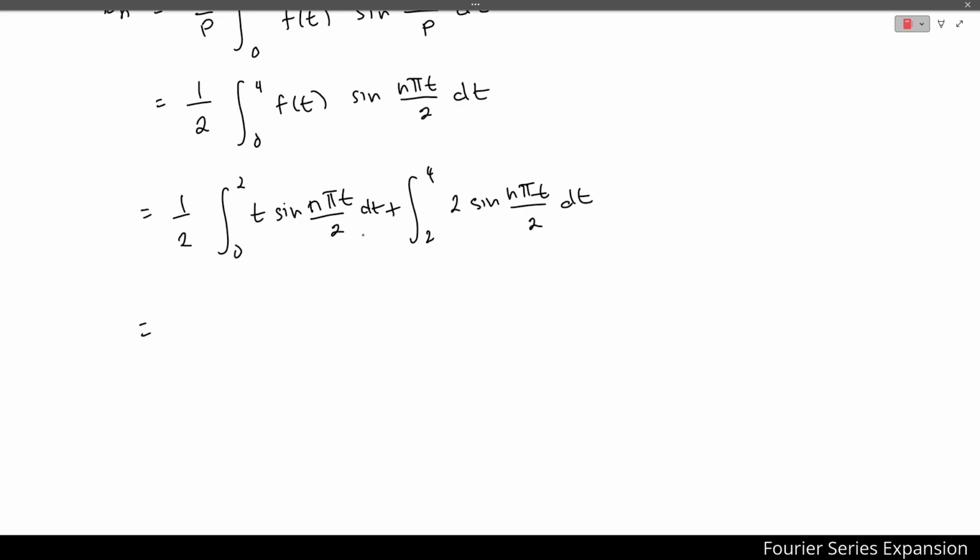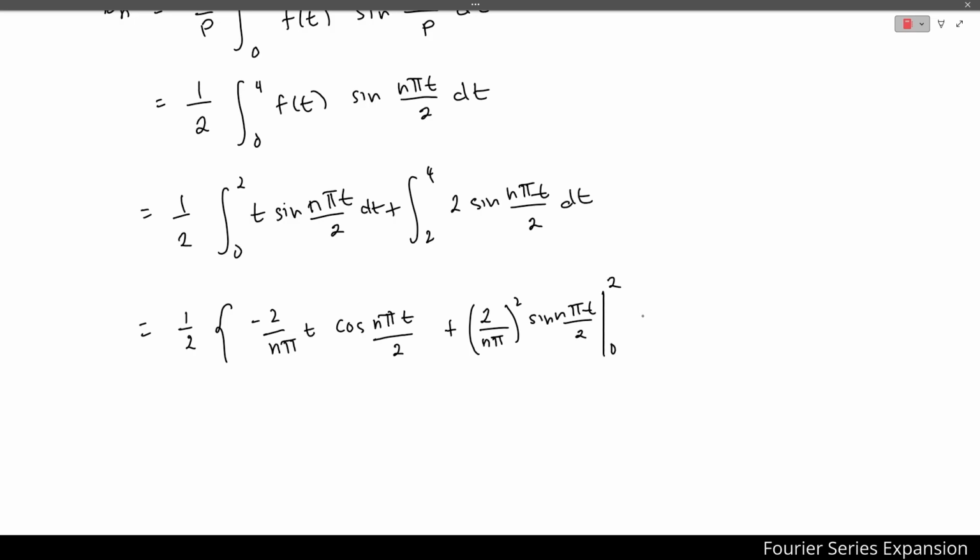Integrating both sides, this one by parts, we have 1 half, negative 2 over n pi t cosine n pi t over 2 plus 2 over n pi squared sine n pi t over 2 from 0 to 2, minus 4 over n pi cosine n pi t over 2 from 2 to 4.